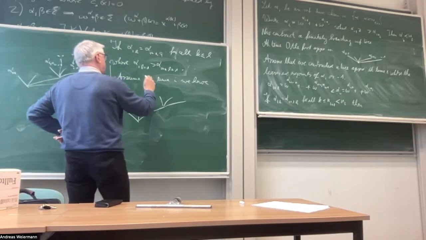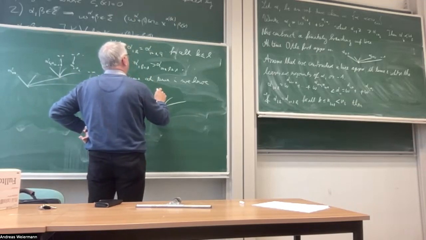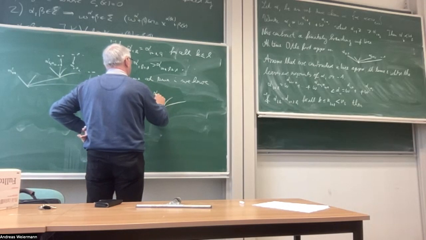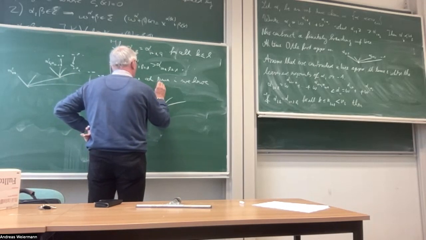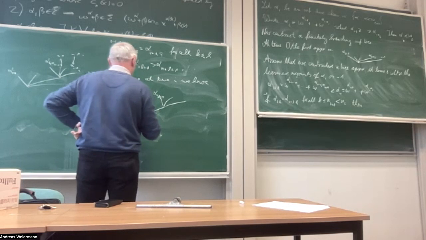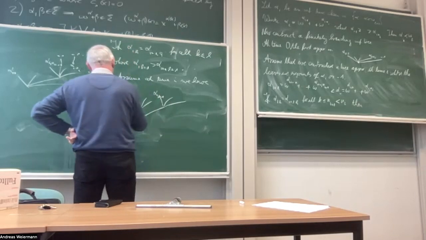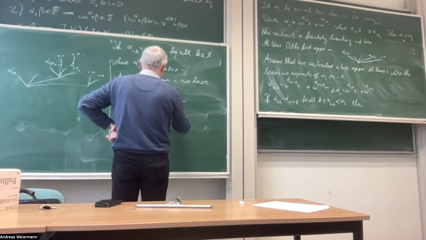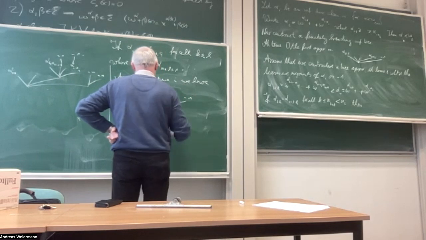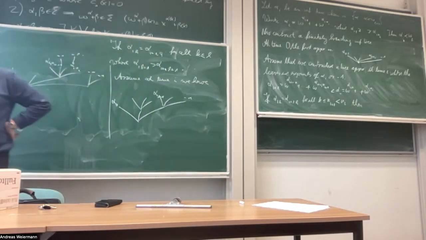And in a certain moment, there is alpha i L plus 1. Here is alpha i L plus 1, alpha i 0. And here's some more stuff, and here are some minus 1. Now, what are we doing?